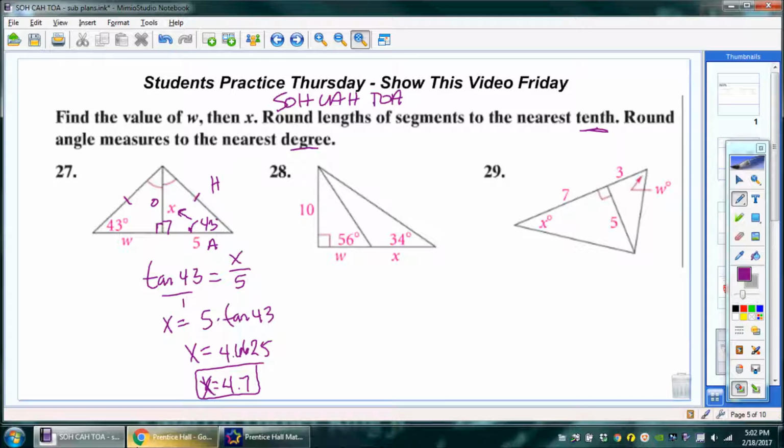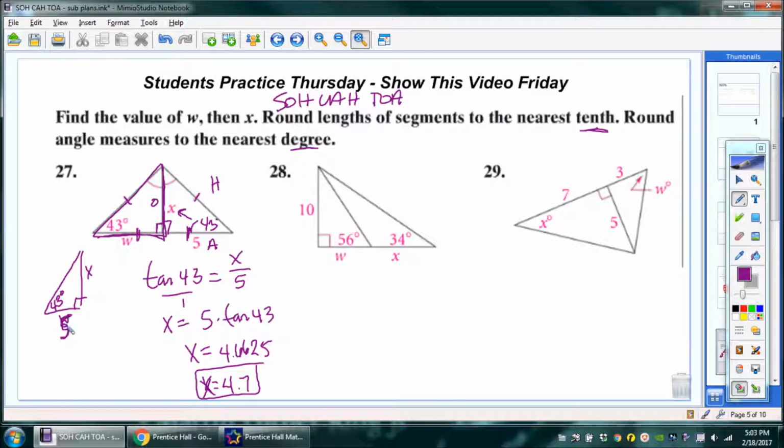I know why they're saying that: if you look at just this first triangle, the only information we have is 43 degrees. We don't have x, we don't have w. So going back to an isosceles triangle, these two segments here will be the same.